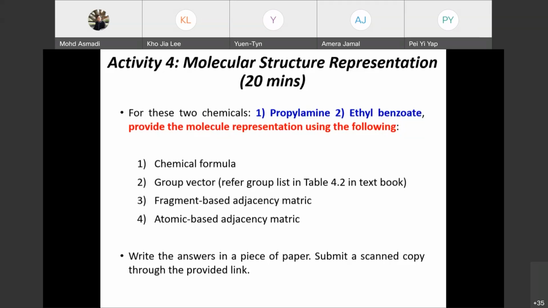What is the group vector for propylamine?